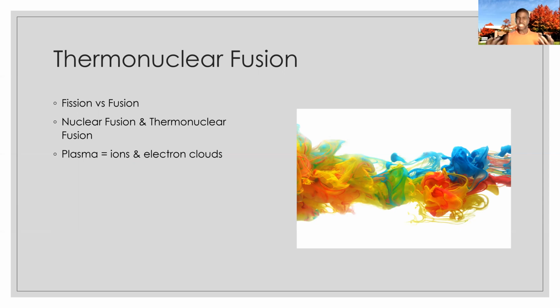In my case, I think of plasma from the physiological perspective, but this is different for this particular course, where plasma, in chemistry, is where ions and electrons are floating around in the form of a cloud or a gaseous state. And we'll talk a little bit more in depth why that has something to do with thermonuclear fusion.